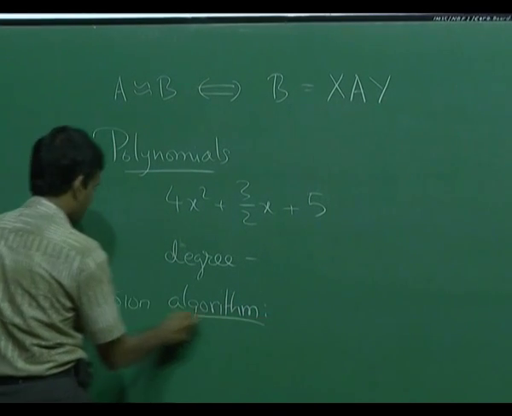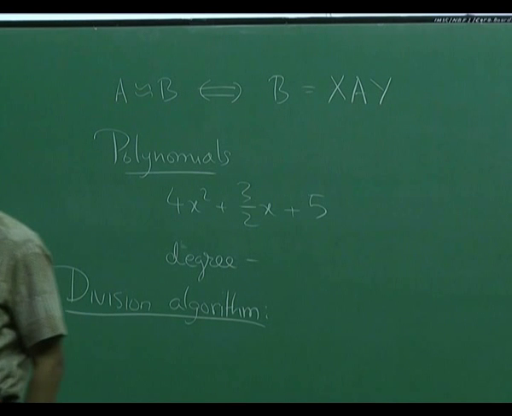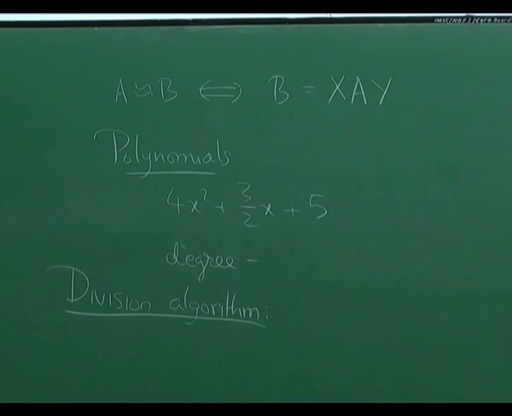This is something that Euclid talked about in a textbook he wrote more than 2000 years ago. He said that if you have two numbers, then you can find a quotient and a remainder.